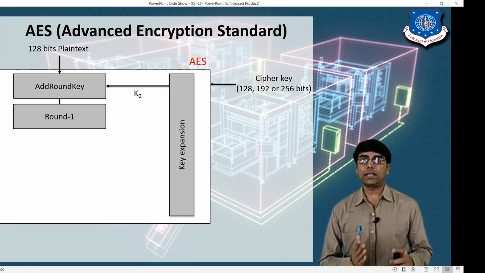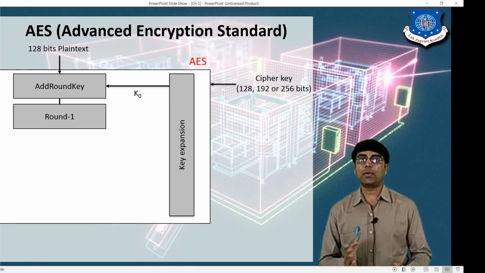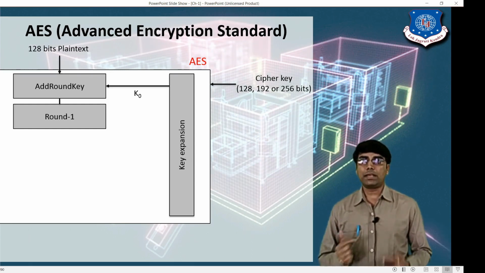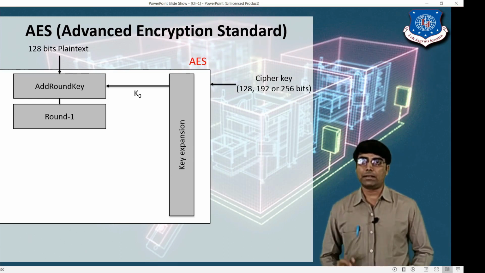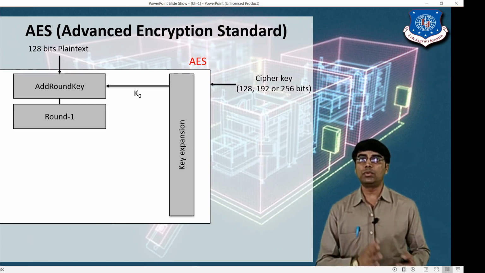Now AES key expansion. During the AES key expansion we are generating a number of words. It means in each and every key we are generating words, and the size of a word is 4 bytes. It means in K0 the words are W0 to W3.